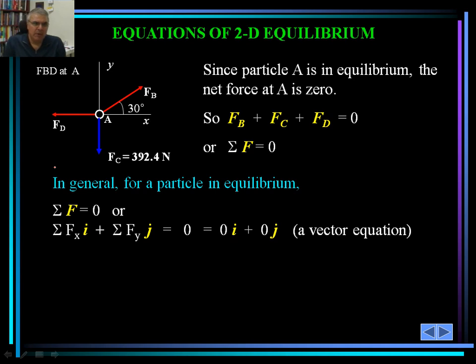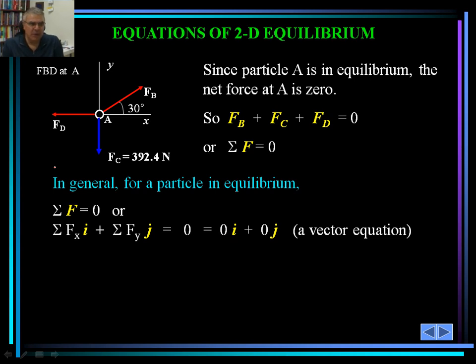Then we would use the equations of equilibrium. These are 2D equilibrium, and Newton's second law would be used here as an equation. The equations that are developed here are based on Newton's second law. That's Newtonian mechanics.